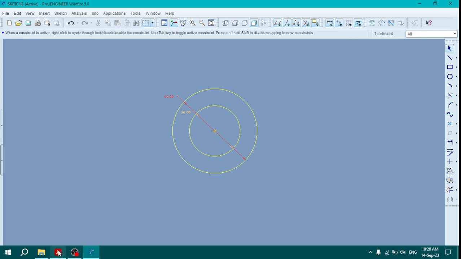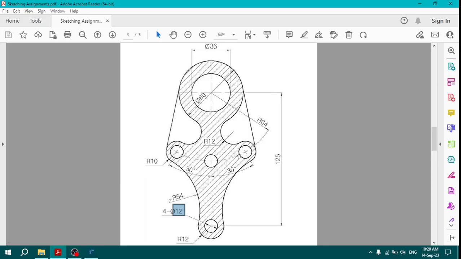Now these 3 circles are situated on the circumference of a circle with radius 64. So what we'll do is we'll create a horizontal axis and another horizontal axis here, and we'll mention the distance between the two axes as 64, and then create this first circle of diameter 12.